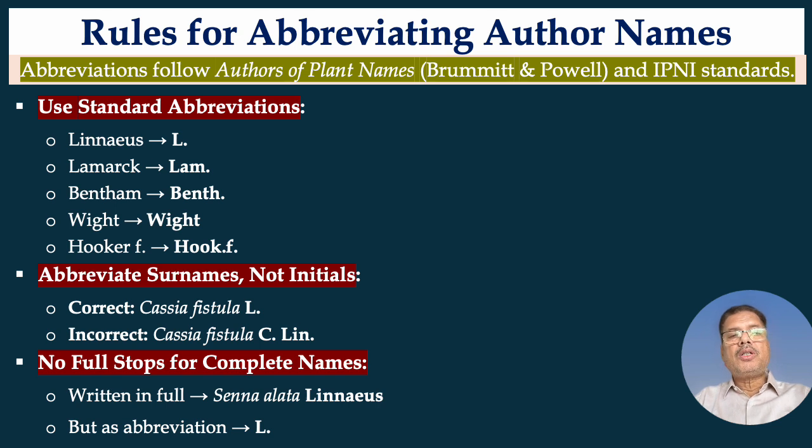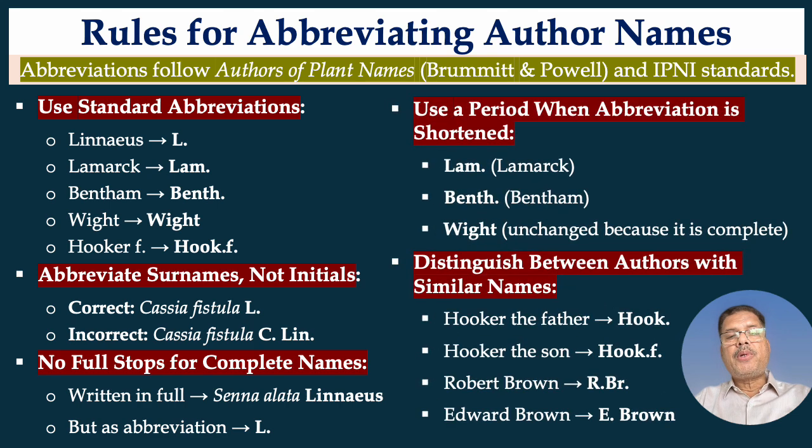When citing authors, one must always use the officially accepted abbreviations, such as L. for Linnaeus, Lam. for Lamarck, Benth. for Bentham, etc. Importantly, only the surnames are abbreviated, never the initials of the given names, which is why Cassia fistula L. is correct, while Cassia fistula C. Lin. is incorrect.